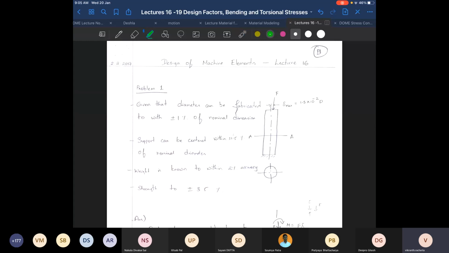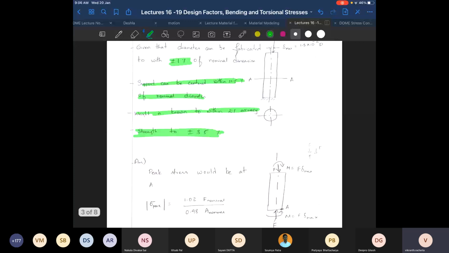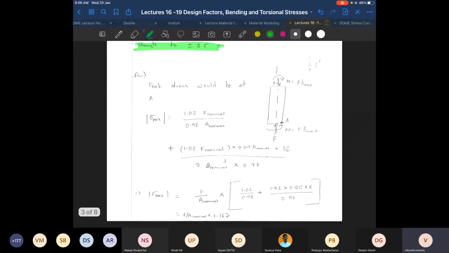What is being said is that the diameter can be fabricated to within plus minus 1% of nominal diameter. Support can be centered to within plus minus 1.5% of nominal diameter. Weight of whatever is being placed is known to within 2% accuracy. And strength is known to within plus minus 3.5% accuracy.